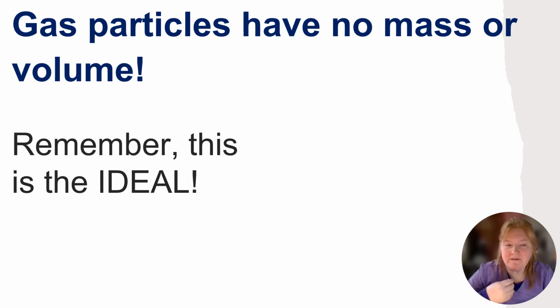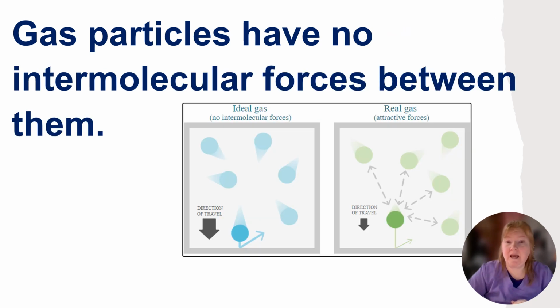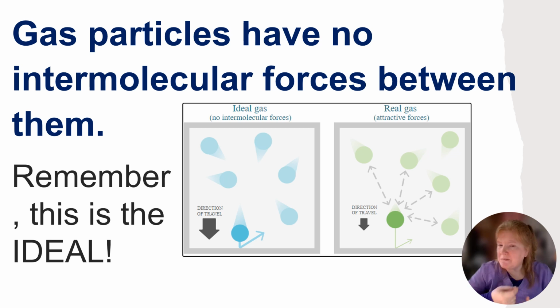So the word that you'll see for that is the volume is negligible, meaning so small we're not counting it. And gas particles have no intermolecular forces between them. Now remember, this is the ideal because in reality there are going to be some intermolecular forces, but we're making an assumption in the kinetic molecular theory that there are none, okay?